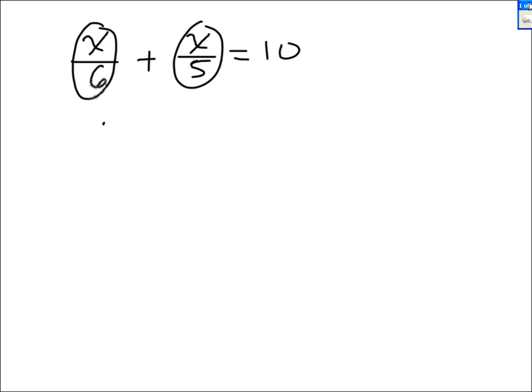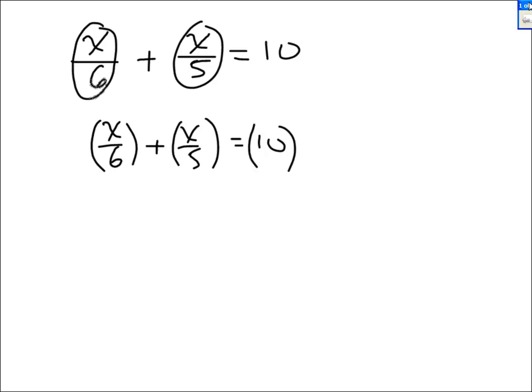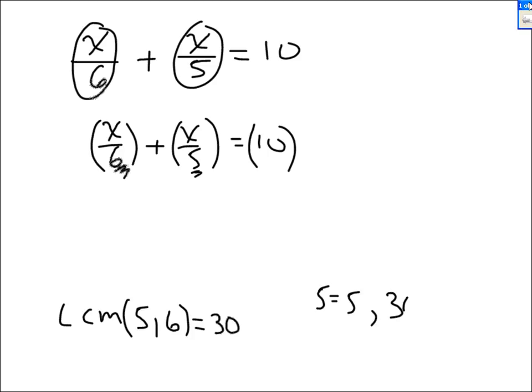What you do is you have x over 6 plus x over 5 equals 10. Now, you want to get rid of the fractions. You want to get rid of the denominators. The least common multiple of the two denominators is 30. 5 is just 5, and 30 is 5 times 6, where 6 is 3 times 2.